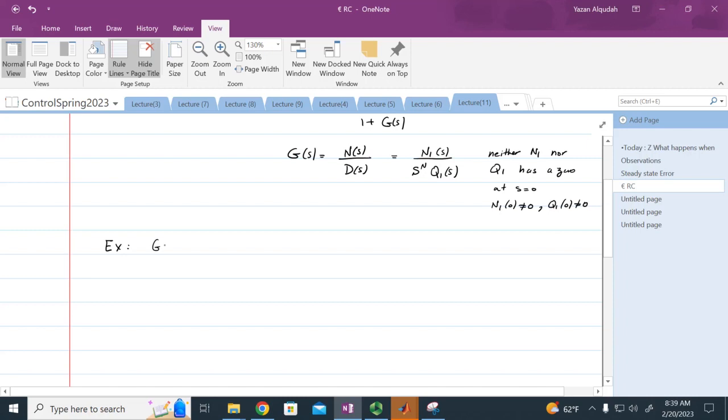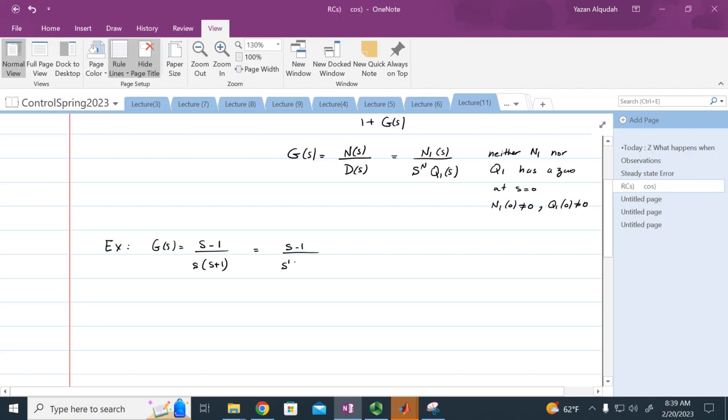So let's say we have G of S equal to S minus 1 divided by S multiplied by S plus 1. There is no S term in the numerator that I can take as a factor, so it's going to stay as S minus 1.